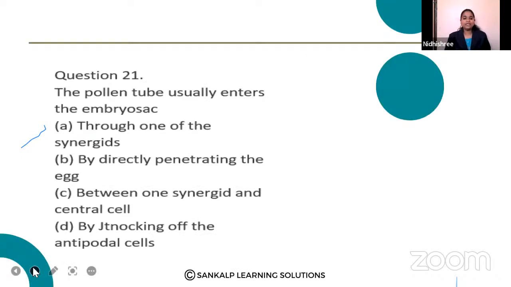21st question. The pollen tube usually enters the embryo sac through one of the synergids by directly penetrating the egg, between one synergid and the central cell, or by knocking off the antipodal cell.